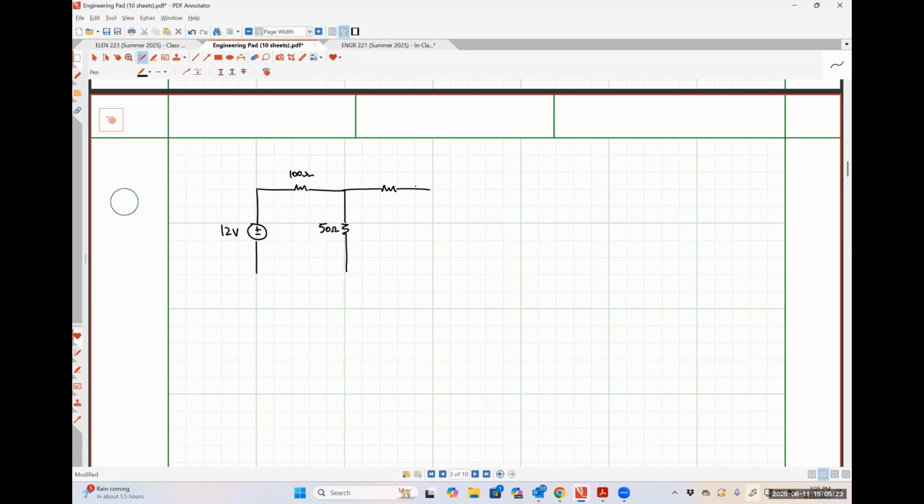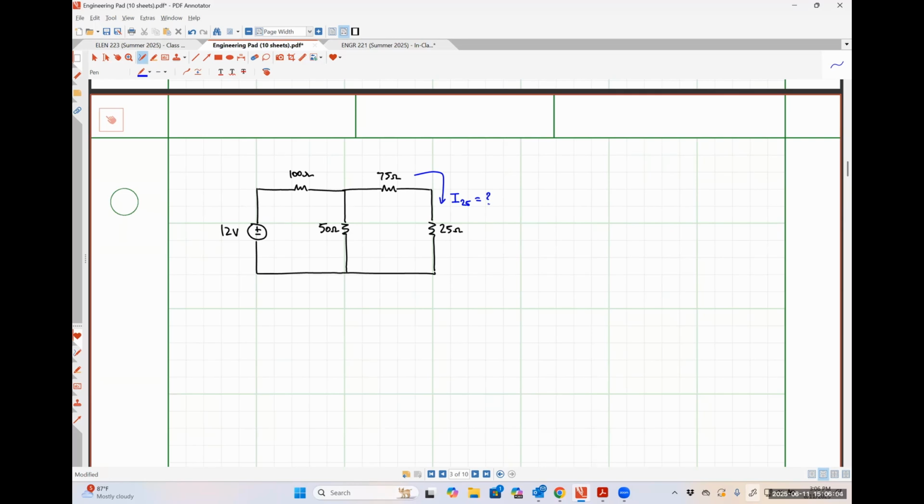This will be a 75 ohm resistor. And this will be a 25 ohm resistor. And I'm interested in figuring out the current flowing through the 25 ohm resistor.